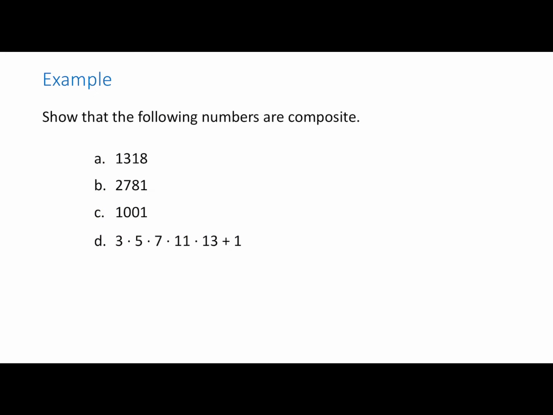Let's try showing that the following numbers are composite. To show that it's composite, I just need to show it has another divisor besides 1 and itself. In the last section, we talked about the divisibility tests, and those will be really helpful to us here. So 1,318, is that composite?